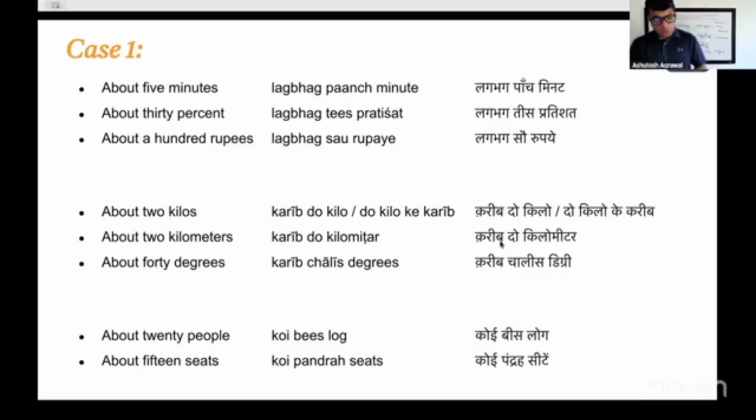You want to make small sentences using these phrases, करीब 2 किलो or करीब 2 किलोमीटर और करीब 40 डिग्री. आज करीब 40 डिग्री है. Okay, आज का तापमान, let's say you want to talk about the temperature. So आज का तापमान और आज का temperature लगभग 40 डिग्री है.